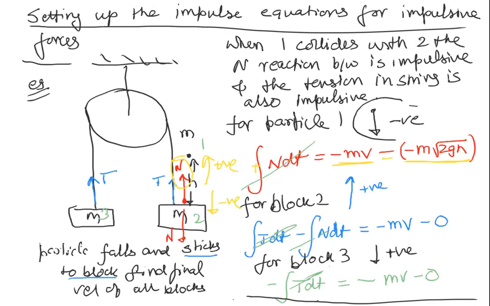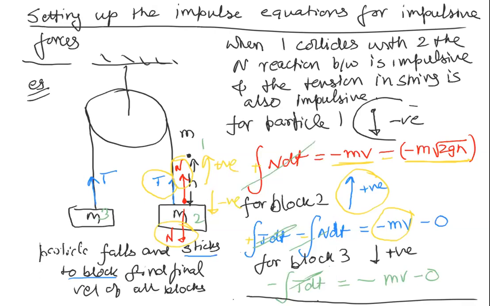Okay. For the block 2, I have taken the upward direction as positive. So the impulse due to tension is positive, but the impulse due to normal reaction is negative. Therefore, a positive sign here, a negative sign here. And this is equal to the final momentum of the block, because the particle is sticking to the block.